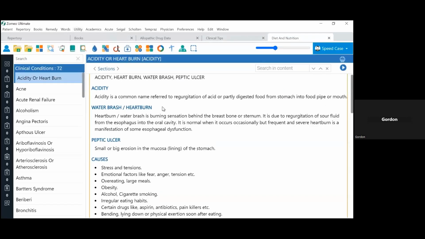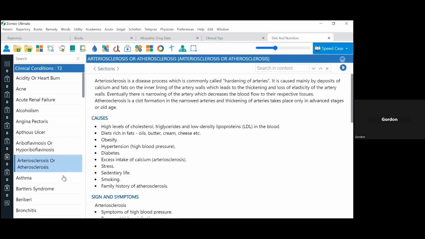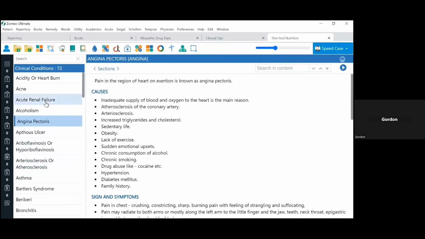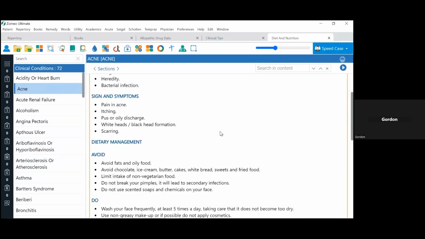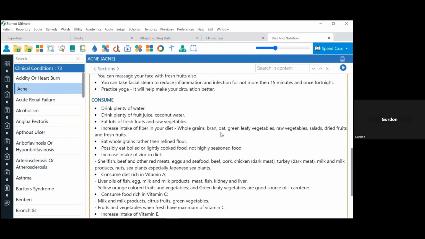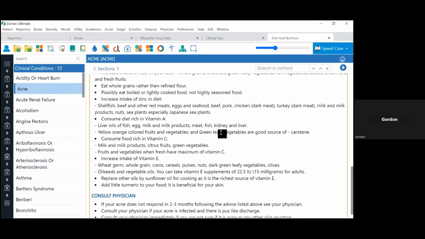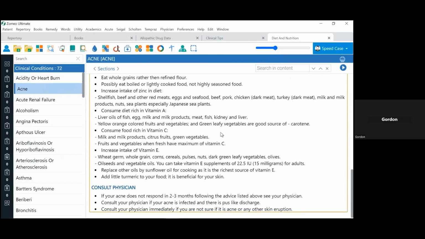So if you see, our diet and nutrition contains very specific diet and food related instructions for more than 70 conditions, and this list is being upgraded as well. For every disease that you see listed here, there are very specific dietary instructions, do's and don'ts, that the physician can print from here and give to their patient.